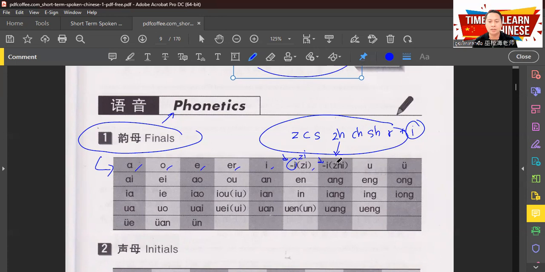And for the next one, ZHI. We have to twist up your tongue, and your teeth cannot bite together.